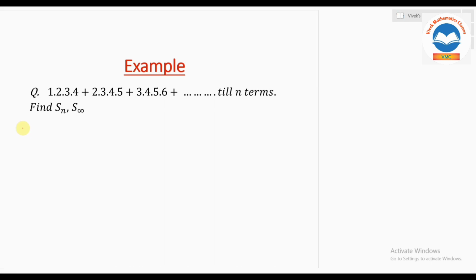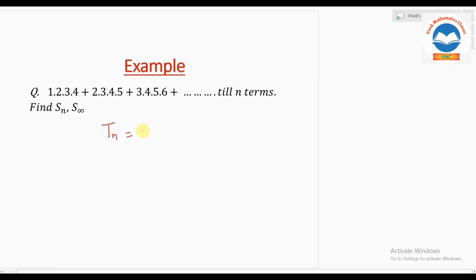So what you have to do? You have to write Tn here also. And Tn what you have to do? You have to convert as next to last term minus before the first term. So we will do one question, this one. So Tn they have given as, what will be Tn? First term is starting from 1, 2, 3, 4. Second term is starting from 2, then 3, 4, 5.